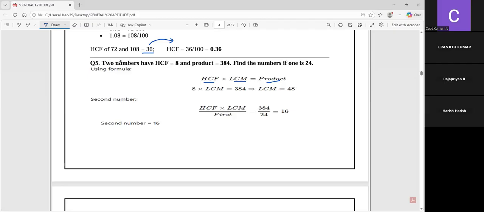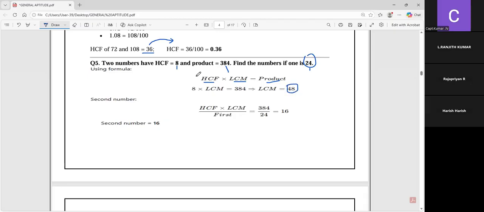Two numbers have an HF of 8. The product of these two numbers is 384. Find the numbers if one number is 24. So the HF is 8 and the product is given. One number is given as 24. You substitute in this formula and you will get the value 48.